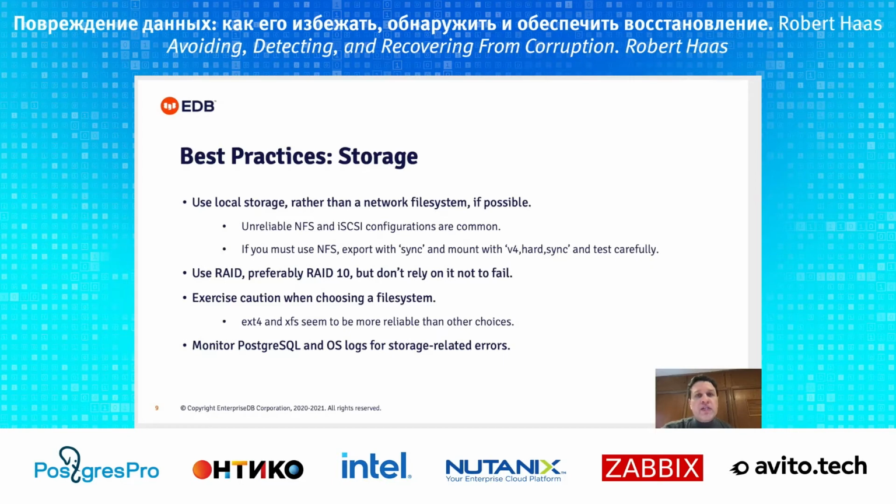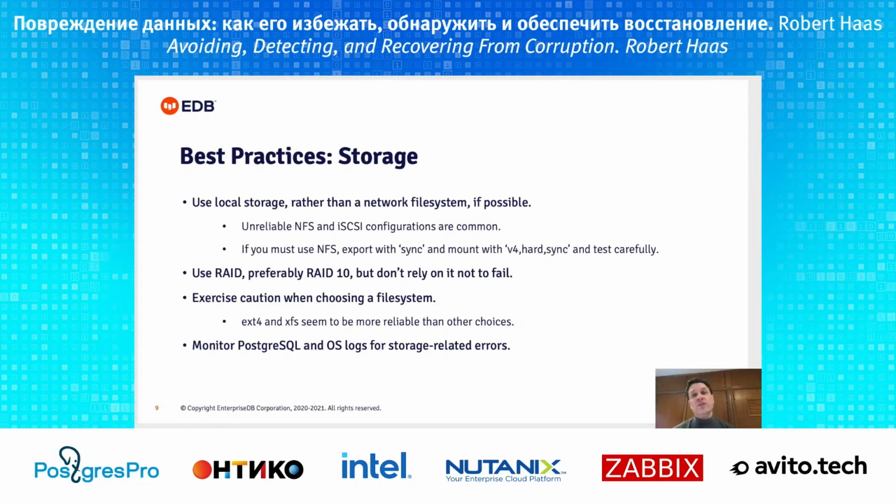There is a good deal of difference between the various file systems that are available in terms of reliability. My experience is that ext4 and XFS are extremely reliable and that almost everything else has problems. ext3, which fortunately is no longer in widespread use, had a lot of problems that affected the reliability of the system.